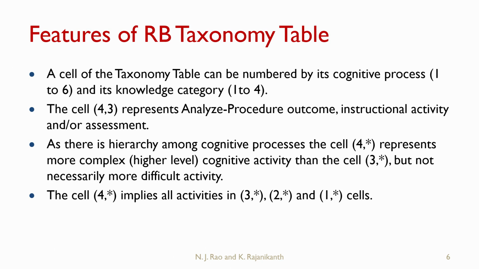There is a hierarchy among the cognitive processes that we have mentioned earlier, that analyze is at a higher hierarchical level than apply. So, to that extent, the cell 4 comma star represents more complex, where complexity is defined in terms of higher level cognitive activity, than the cell 3 comma star, where star means any knowledge category.